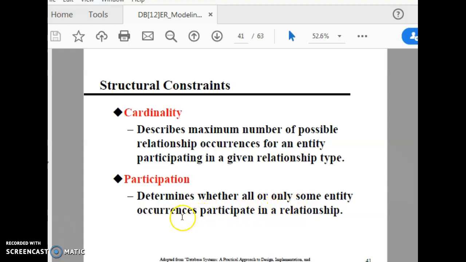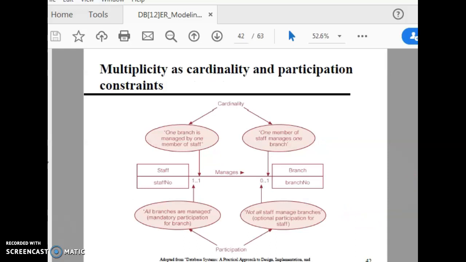When coming to the definition of participation, it determines whether all or only some entity occurrences participate in a relationship. In this diagram, that is the minimum value of cardinality of a relationship at both sides. So, in this ER diagram, participation is like this. All branches are managed, that is mandatory participation for branch.